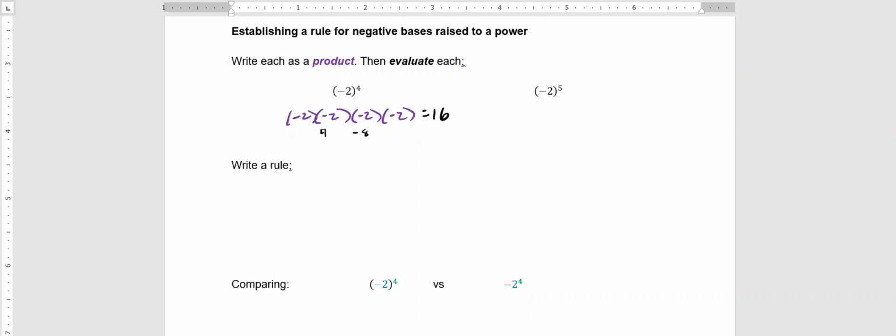If we jump over to the next example, again a base of negative 2, but this time to the fifth power, we're going to have to write 5 of those negatives. So negative 2 times negative 2 times negative 2 times negative 2, but one more time, negative 2 one more time.